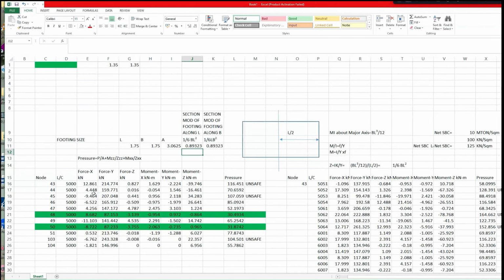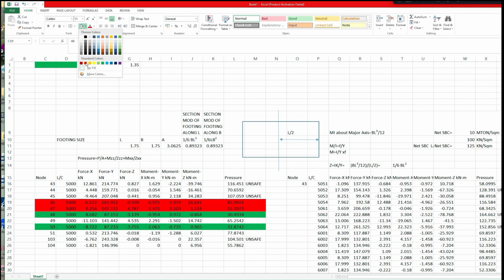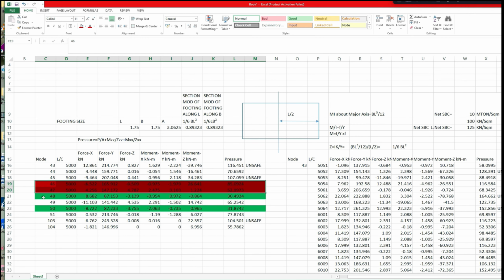So let us put a different color to this footing. 47, say brown color.